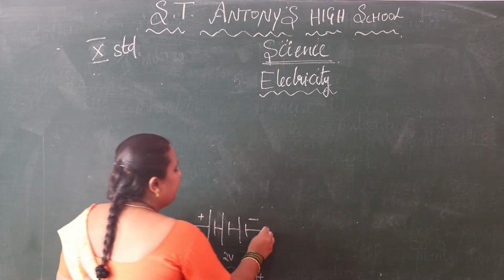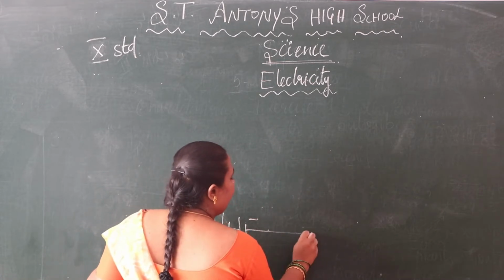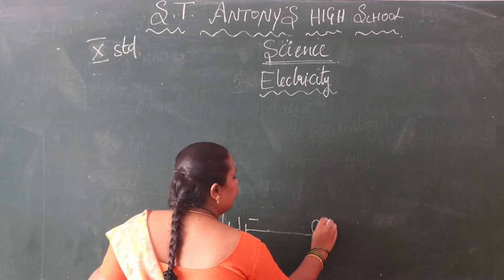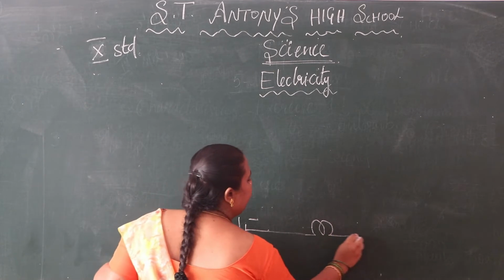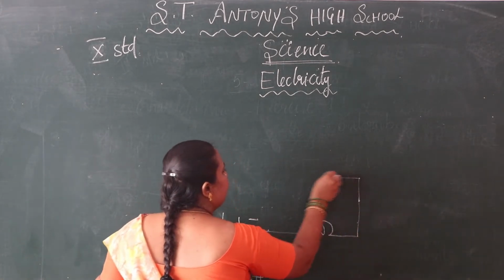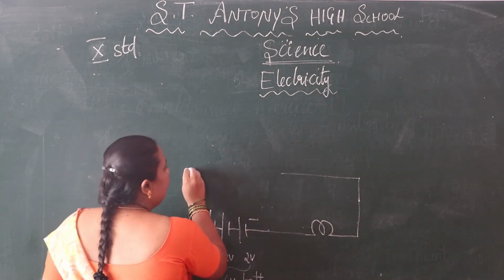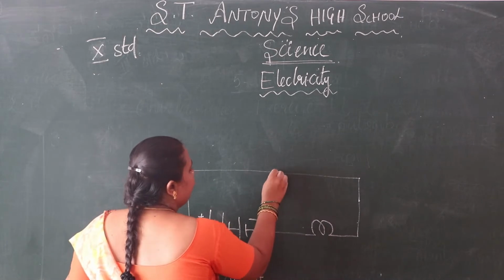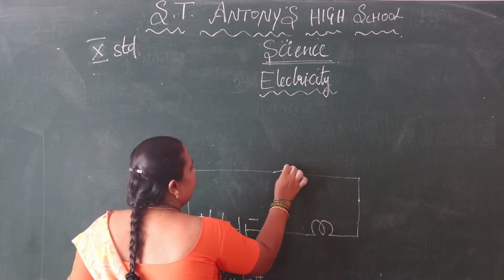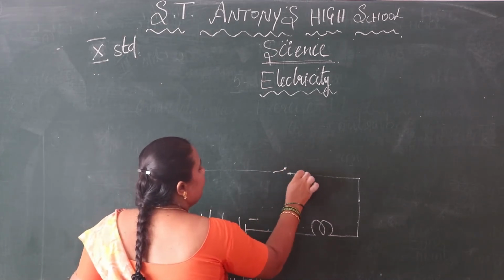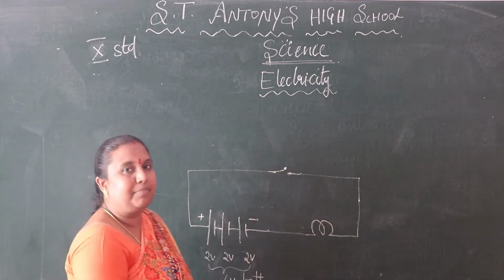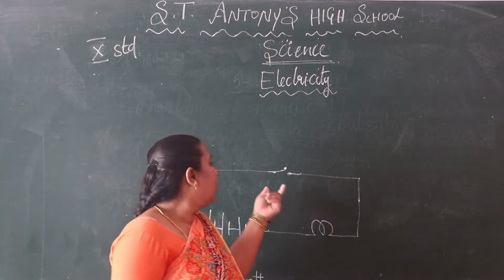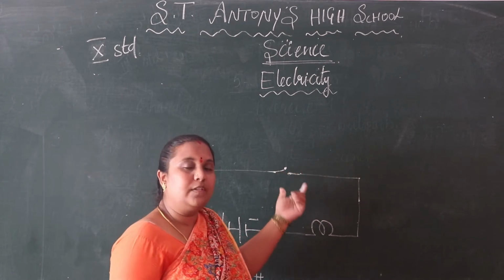From this we connect to the bulb, this is the symbol of the bulb, and then to the plug key, which is a switch. This is switch open, switch off.